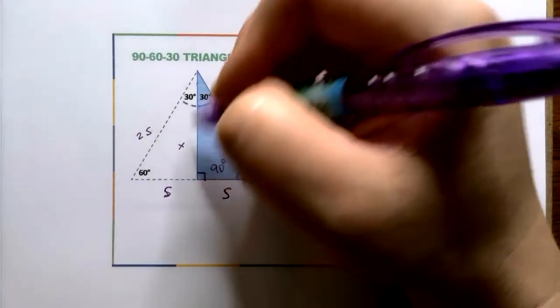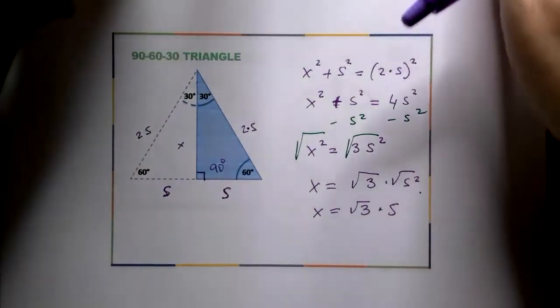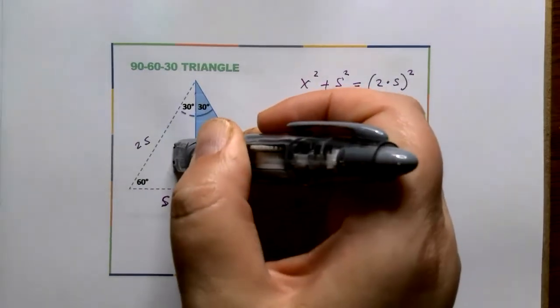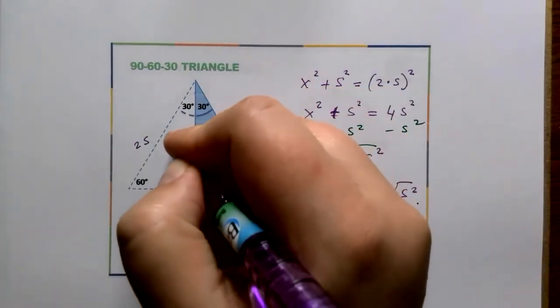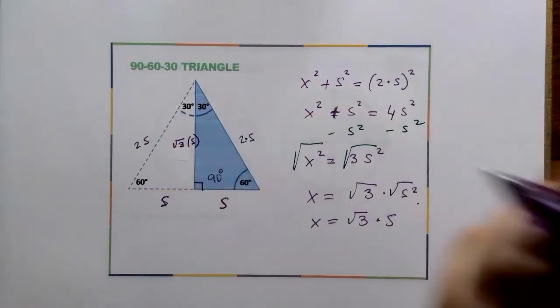So now I know the length of the side. I will write it as square root of 3 times s.